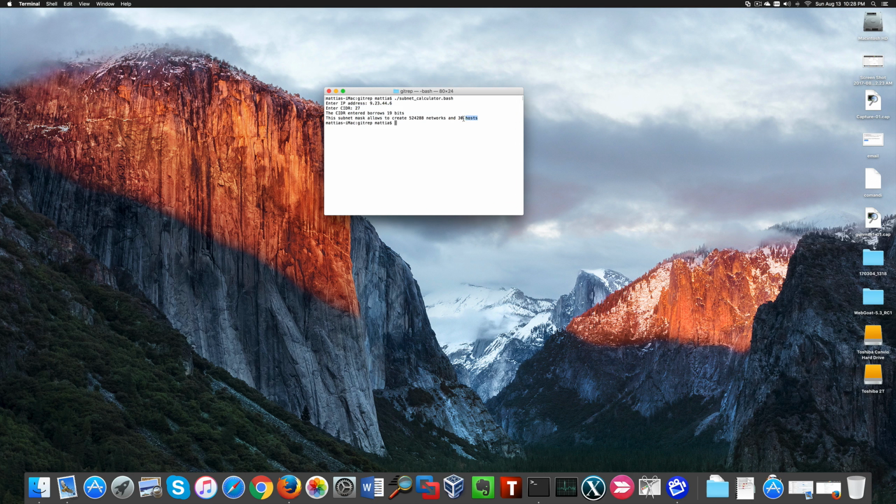So that gives us 2 to the 5, but we need to subtract 2 from this number, because for any subnet there are 2 IP addresses we can't assign, which is the network ID and the broadcast. So we come out with this number here. That cleared. Let's try with the class B.